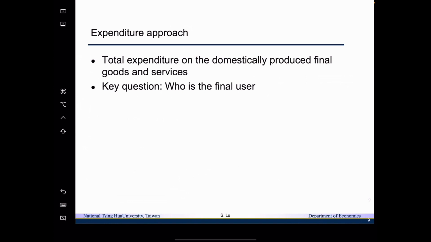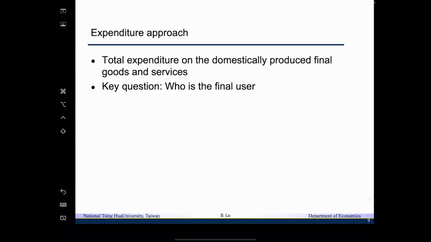When we want to come up with the GDP from this approach, the key question I would like you to ask is: who are the final users? Once we are able to identify the final users, we simply add up the expenditure of those final users, and then we will be able to come up with GDP.